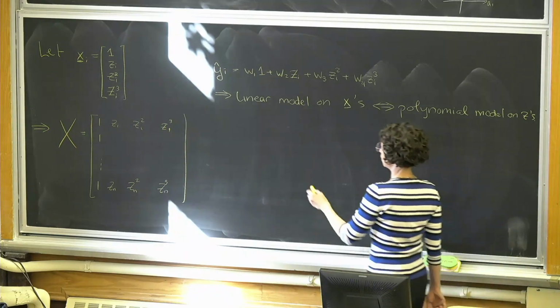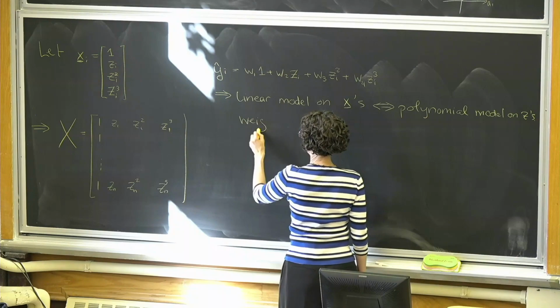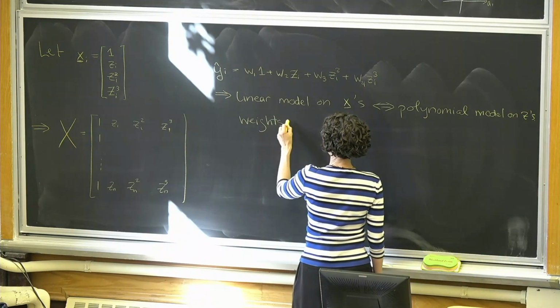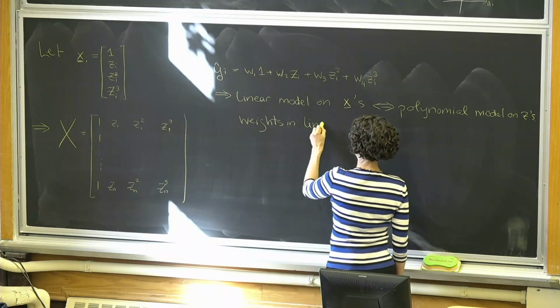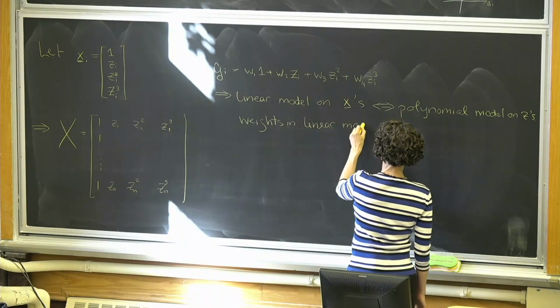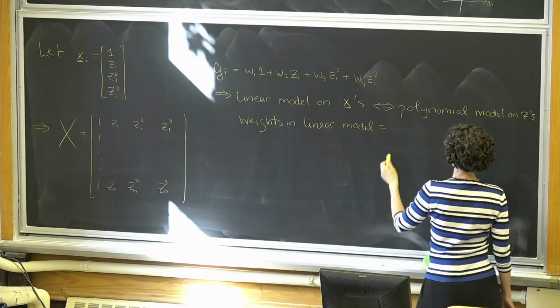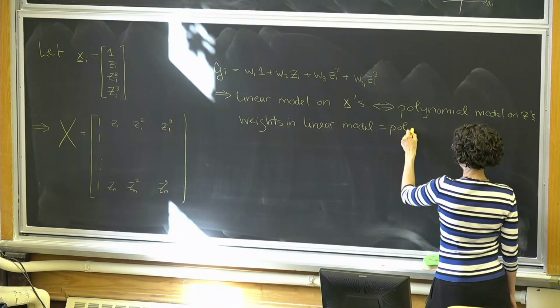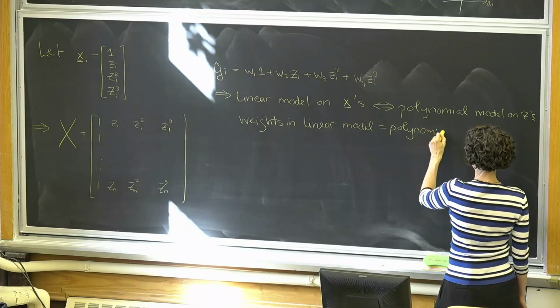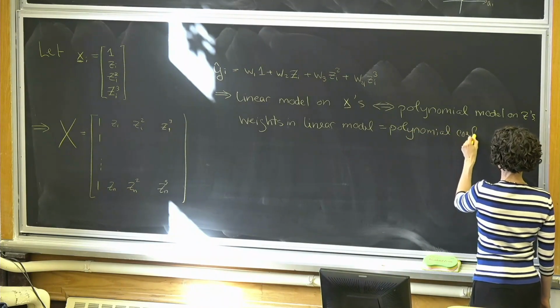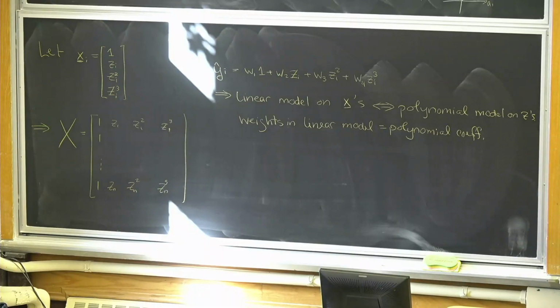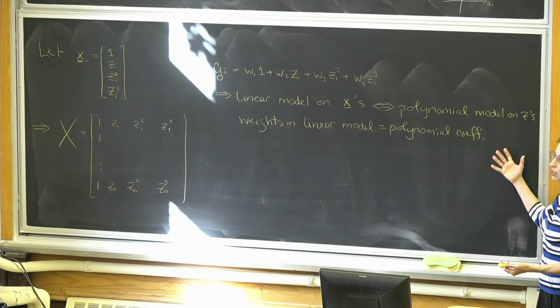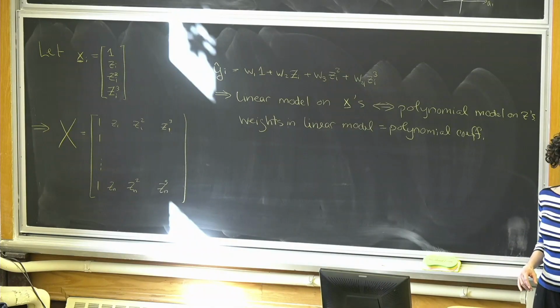And the weights in the linear model are the same thing as our polynomial coefficients. So again, we're focusing on linear models here, but it's an extremely powerful tool that can do many things, including fitting nice polynomial fits to data.